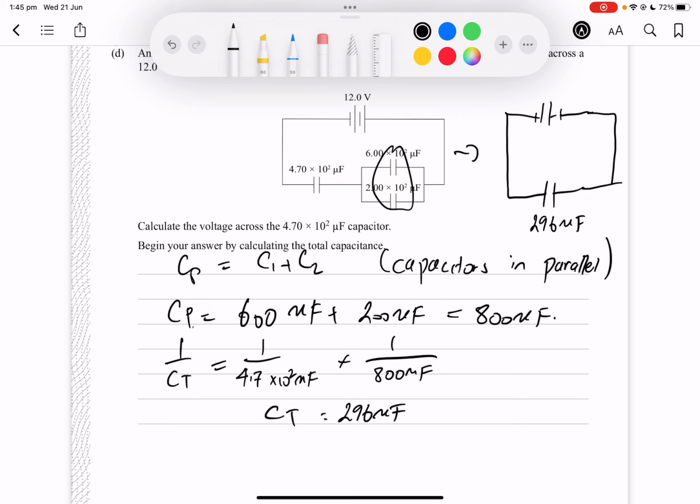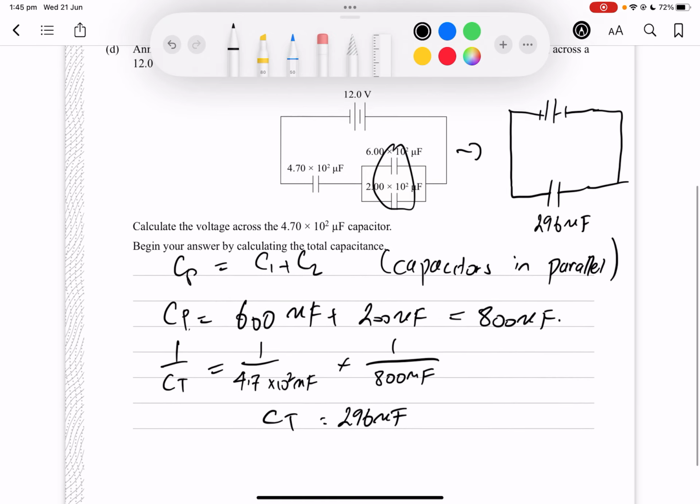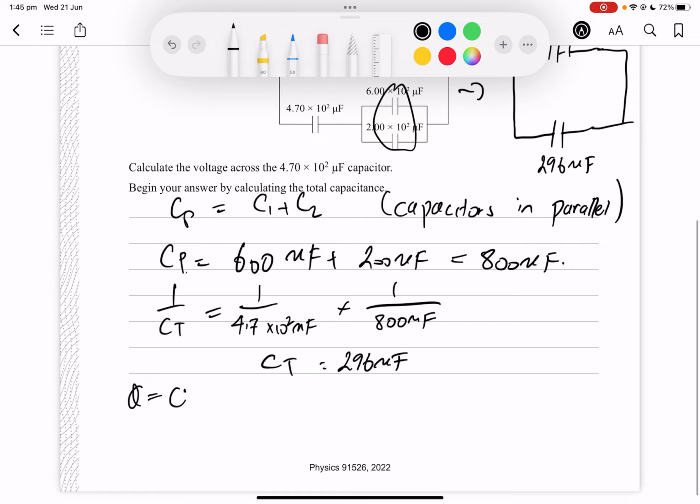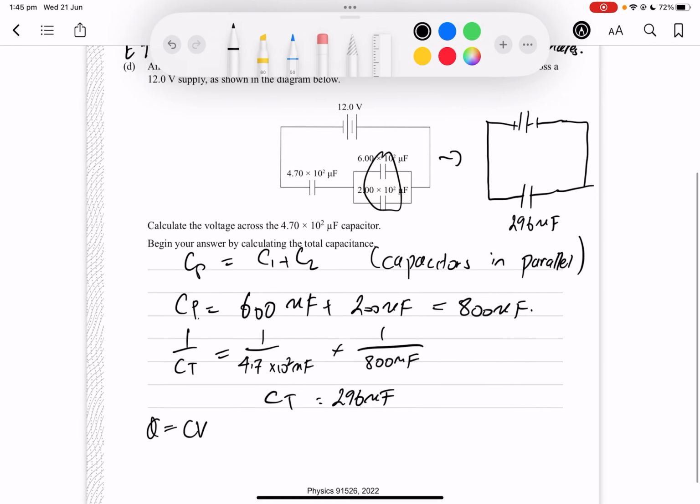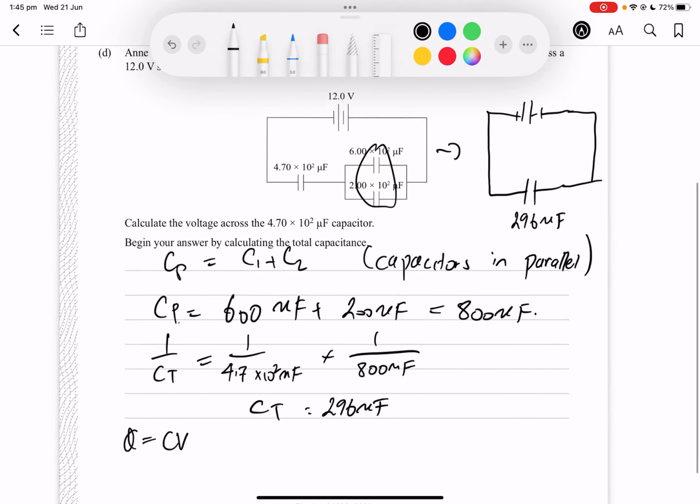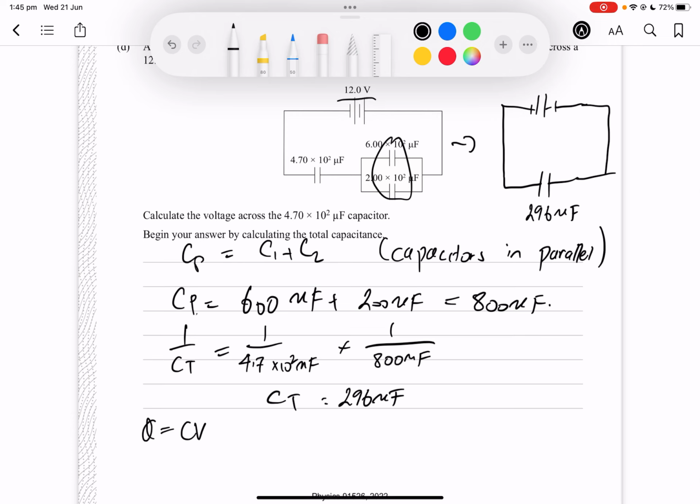And we probably want to calculate the total charge across this, just like converting it into one capacitor. We know that Q equals CV. At the maximum, the pushing voltage is equal to 12, the maximum equal to the supply.